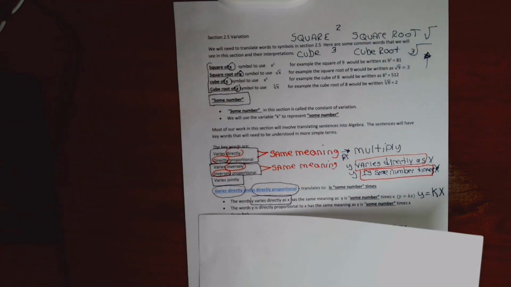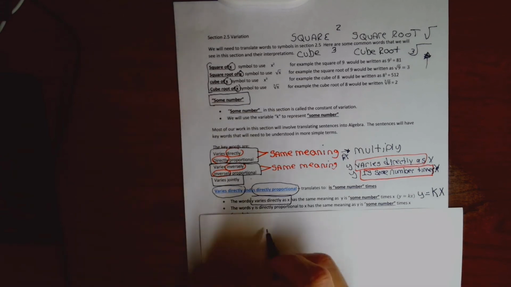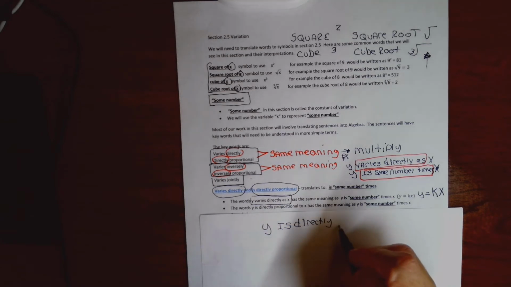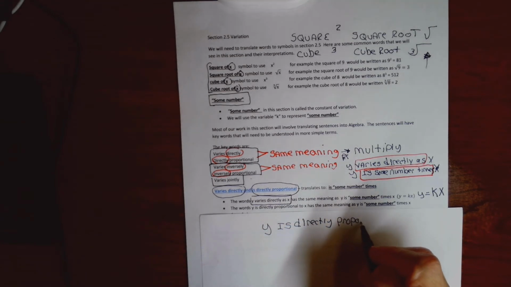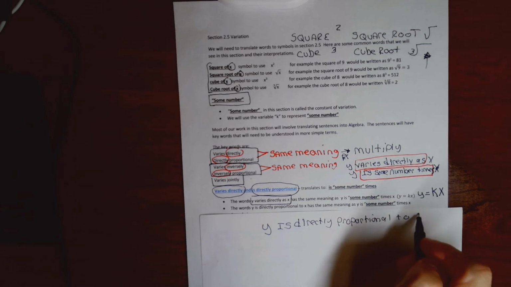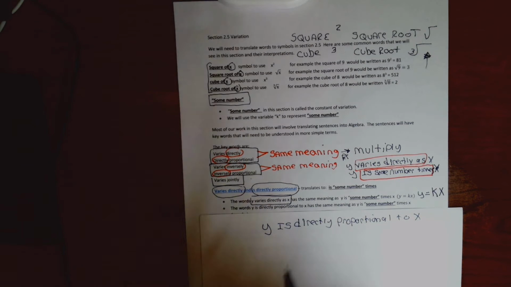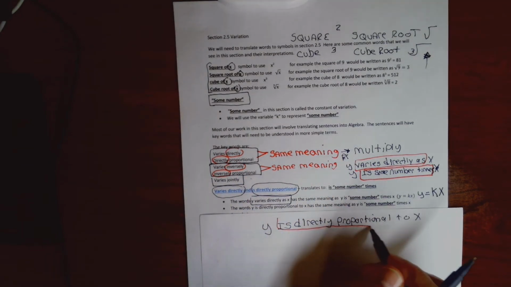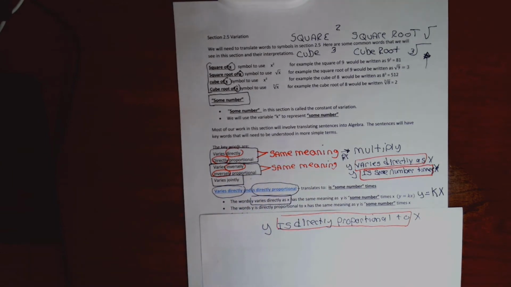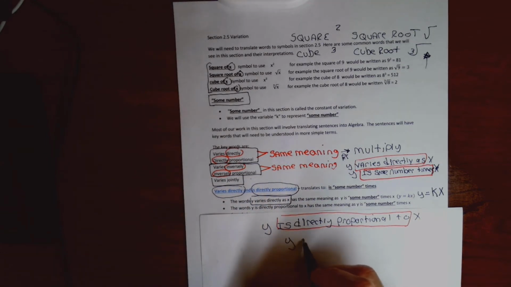Similarly, if I look directly underneath this, if I see the words y is directly proportional to x, I'm going to take the entire words "is directly proportional to" and, in my mind or physically, think of this as y is some number times x.